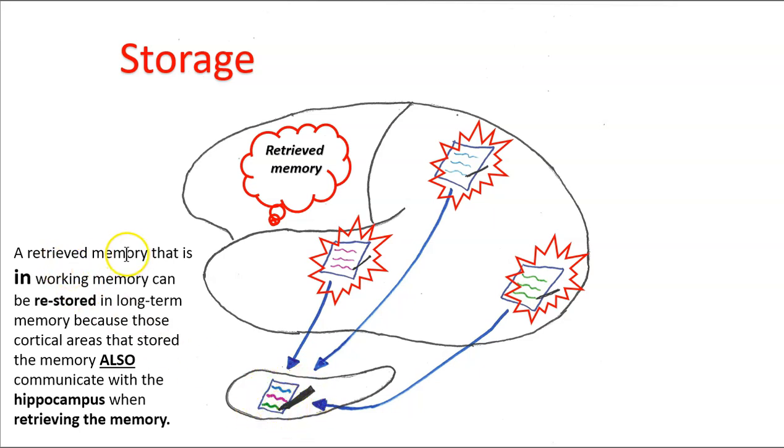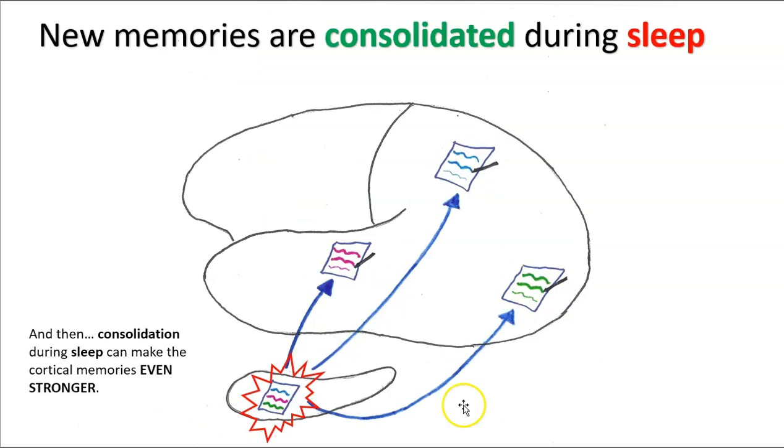So a retrieved memory that is in working memory can be restored in long-term memory because those cortical areas that stored the memory also communicate with the hippocampus when retrieving the memory. And then at night, we use that hippocampal memory trace to make the cortical memory traces even stronger. So every time we retrieve a memory, we can make that memory stronger.